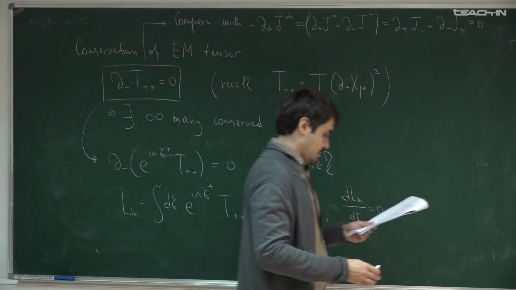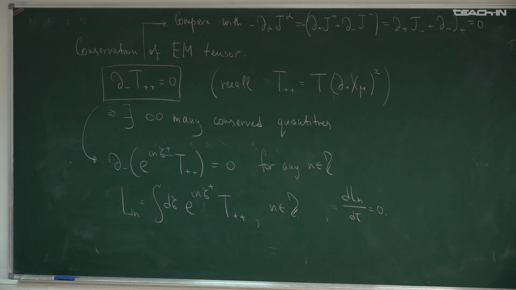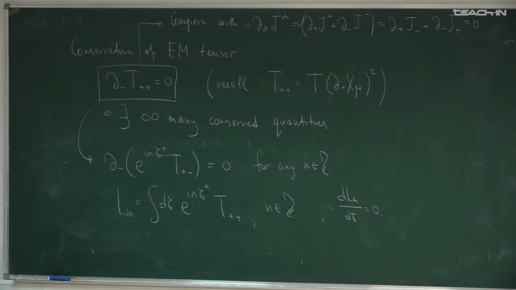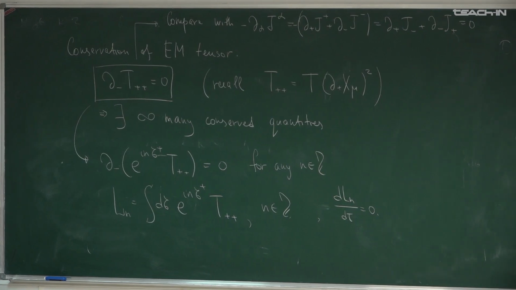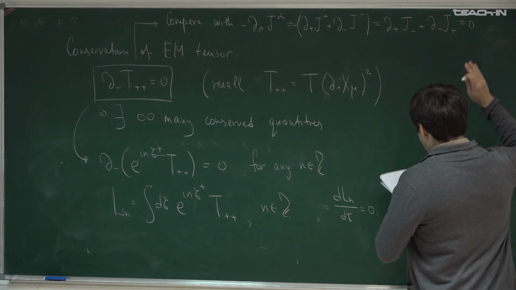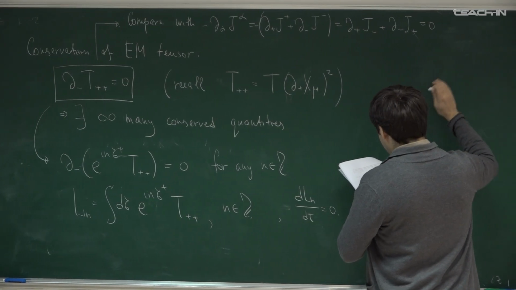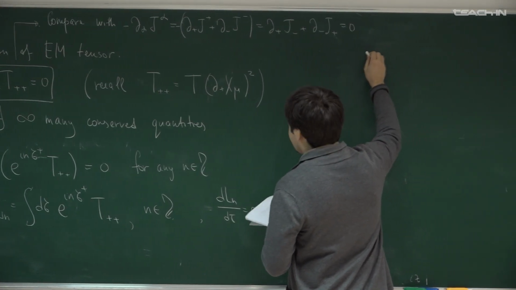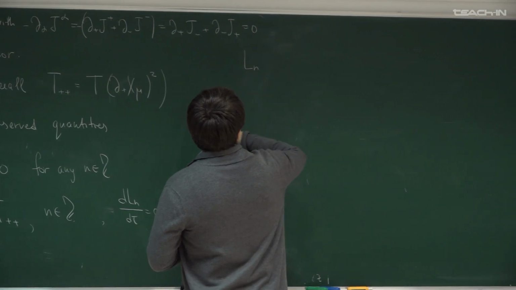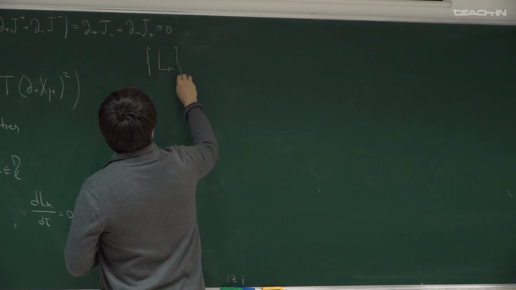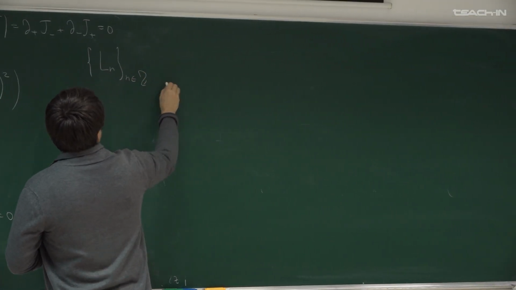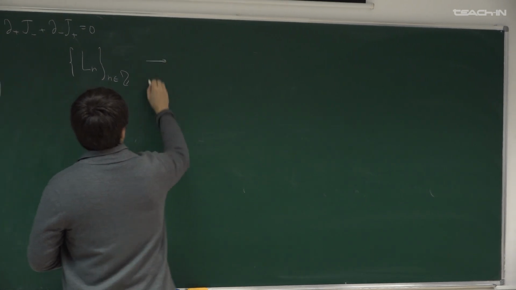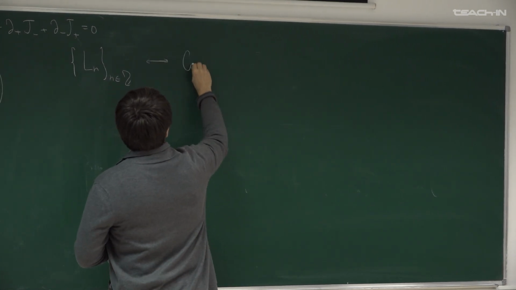We'll show that now. According to Noether's theorem, there should be some symmetry behind the L n's. So what is the symmetry behind the L n's? The answer is that it has to do with conformal symmetry.